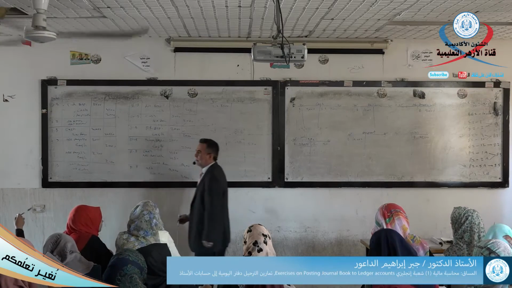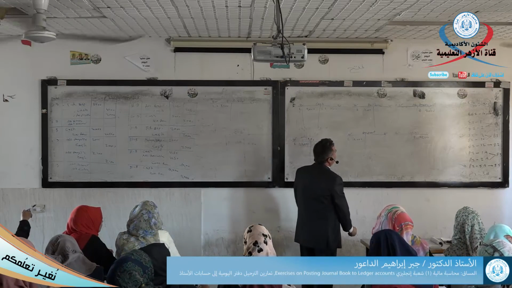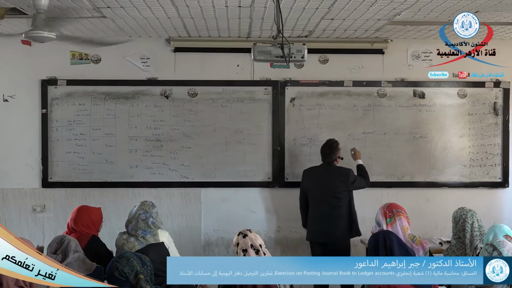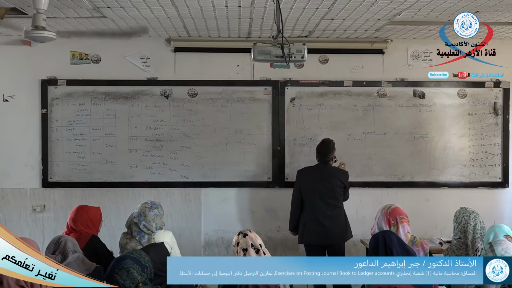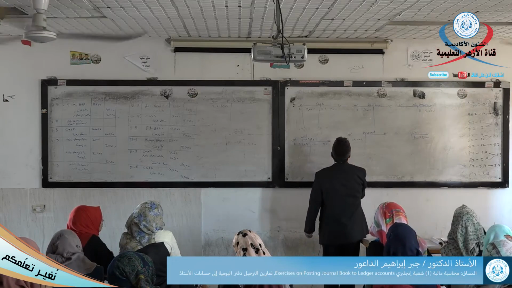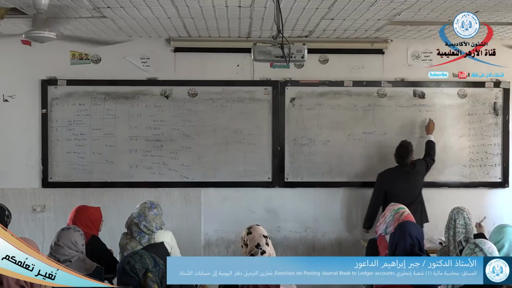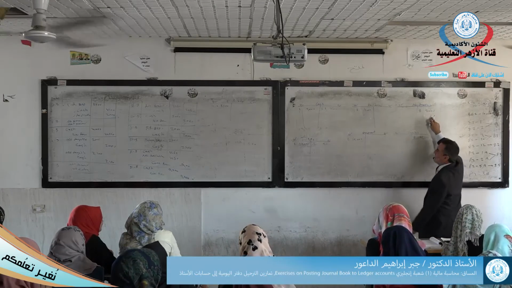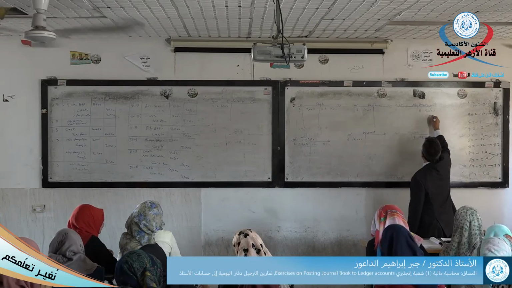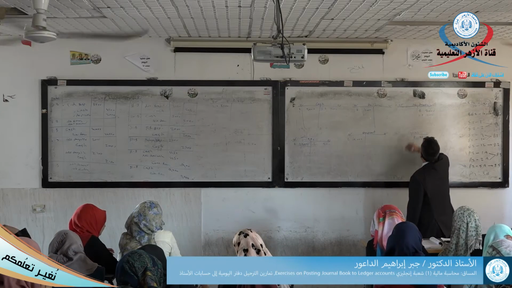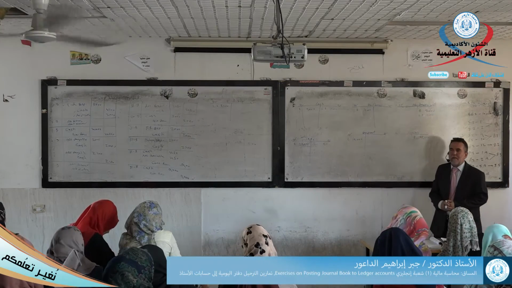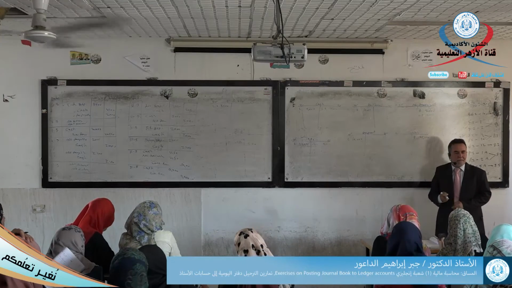Accounts payable: we also have accounts payable. Where is it? Here, accounts payable 2,000. Okay.